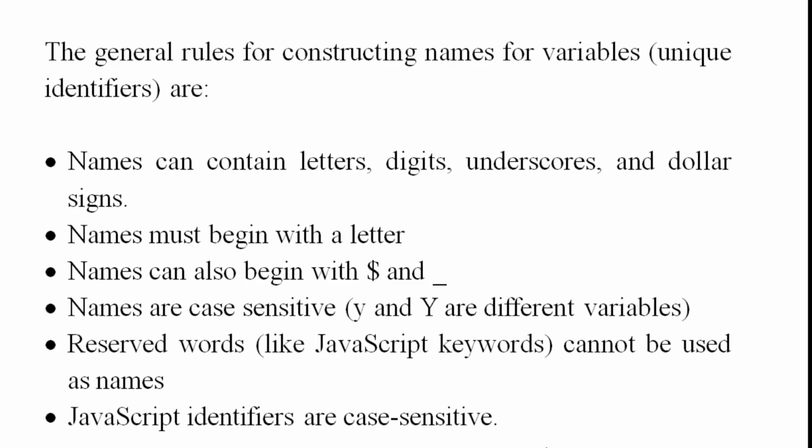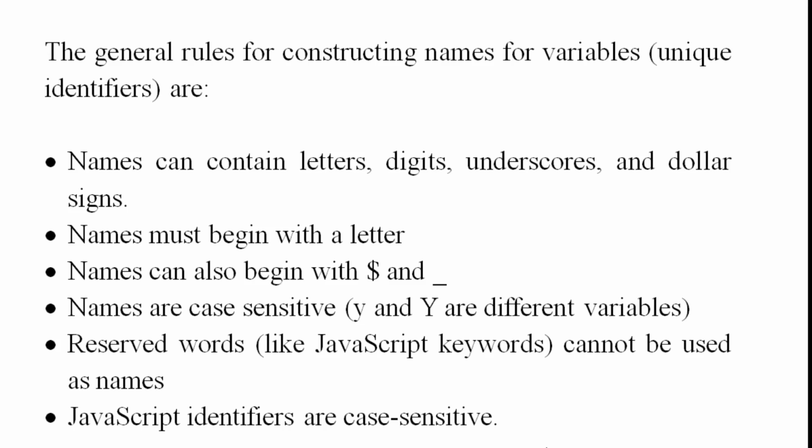The first one is names can contain letters, digits, underscores, and dollar signs. A name must begin with a letter. It should not begin with a digit. Names can also begin with a dollar sign or underscore. Names are case sensitive.